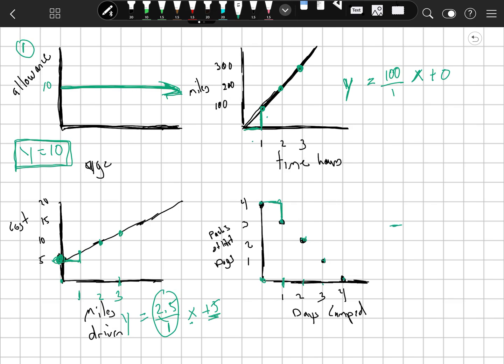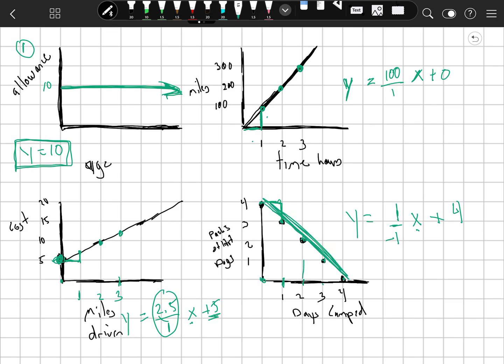So 1 day, -1. So that's the slope there, -1. And we times that by the number of days. And let's add 4 for the y-intercept. Let's just see if this works. Let's plug in 2. -1 times 2 is -2, plus 4 is 2. And at 2, we'd be at 2.